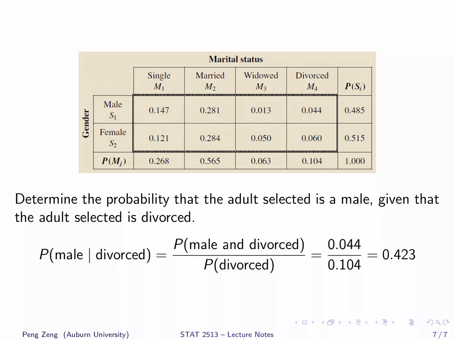Applying the formula, the numerator is still the joint probability of male and divorced, which is 0.044. However, the denominator is the marginal probability of divorced, which is 0.104. The conditional probability is 0.044 divided by 0.104, which is 0.423.